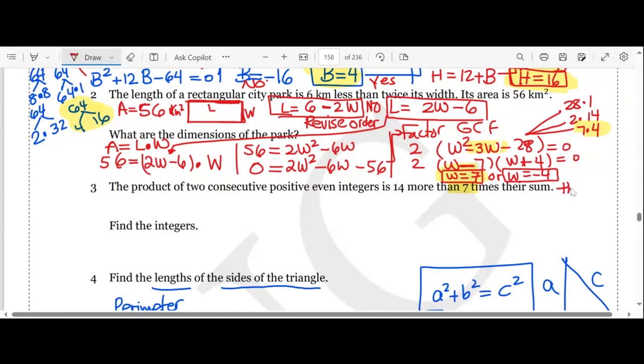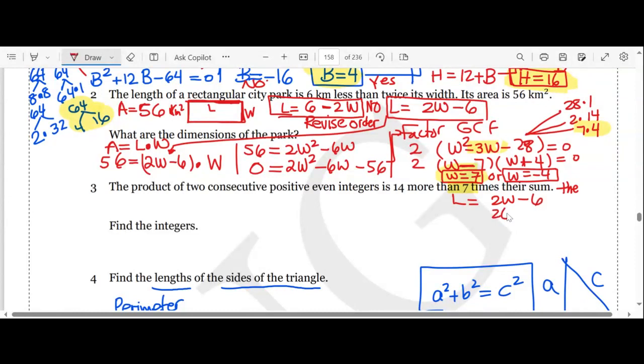How much is L? L is equal to 2W minus 6. Correct? Yes. So I'm going to write down here L equals 2W minus 6.